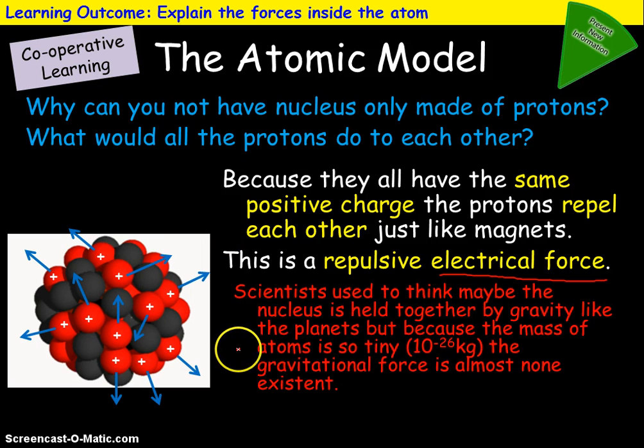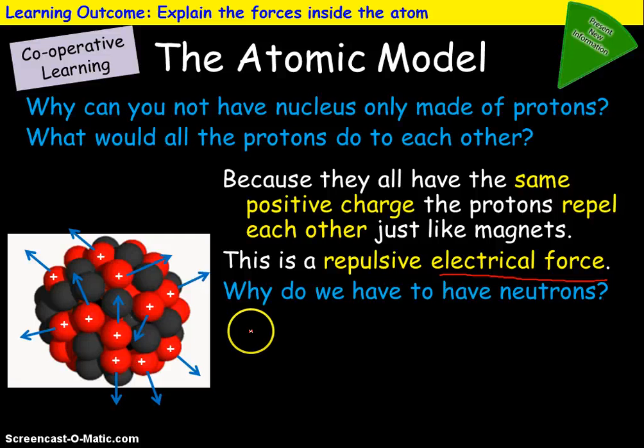Now clearly a nucleus doesn't always do this, so there must be an attractive force that holds it together. Now scientists used to think this was gravity, but the mass of the nucleus is so incredibly tiny that gravity is almost non-existent. It is there, but it's so small that we ignore it all the time with nuclear physics. So there has to be another force holding it together, which is why we have neutrons.